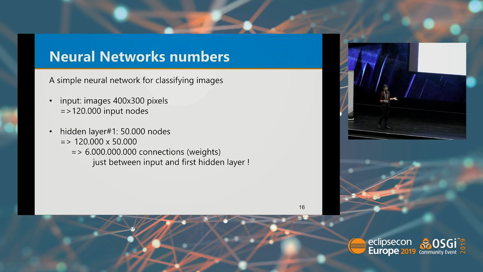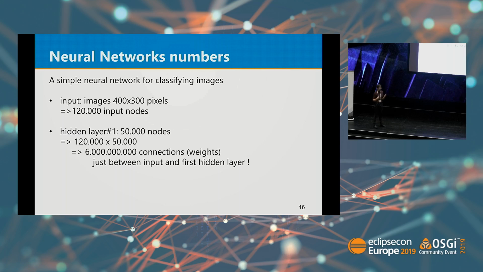So let's say we put 50,000 nodes in the first hidden layer. We already have 6 billion connections, so 6 billion weights just between the input layer and the first hidden layer, basically for a very simple task.